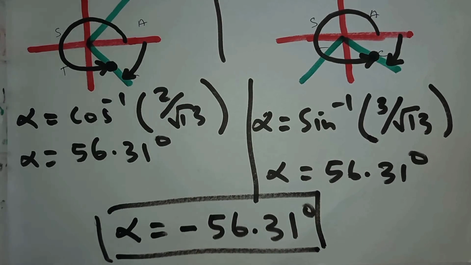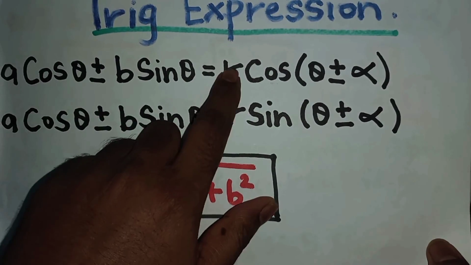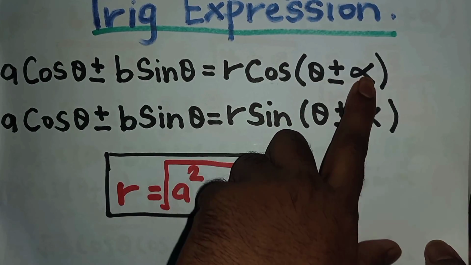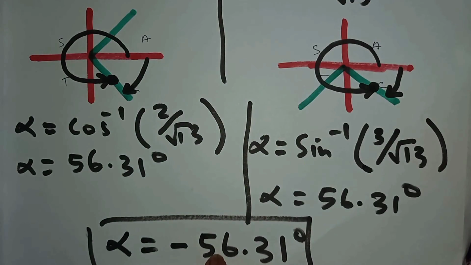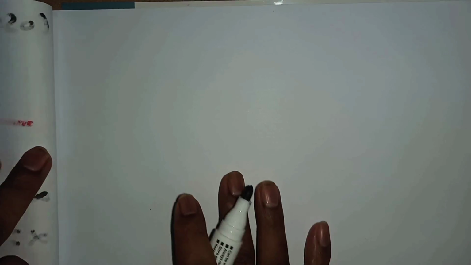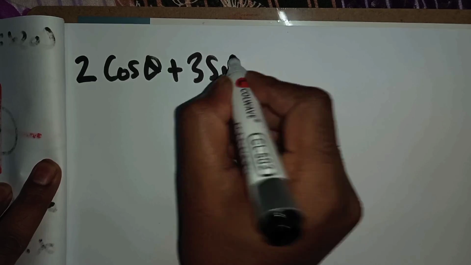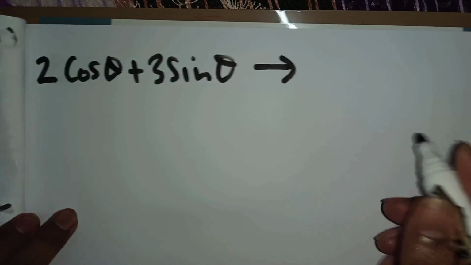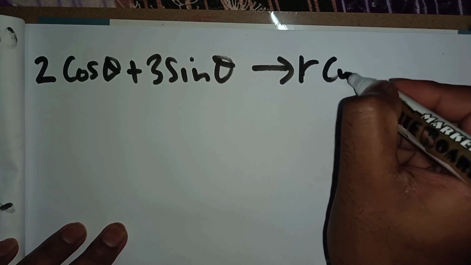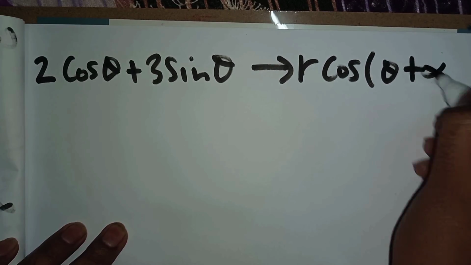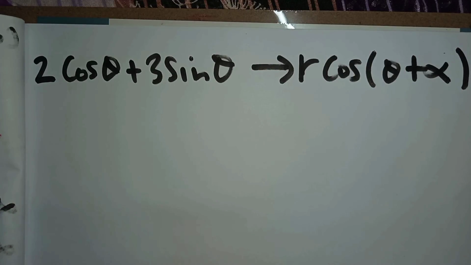Okay, now it is time to write your answer. So R cos of theta plus or minus alpha. This is found to be negative 56.31. Now we have to express our answer. So your expression was 2 cos theta plus 3 sin theta, and you have to express it in the form r cos theta plus alpha.